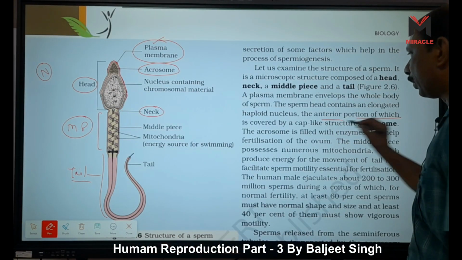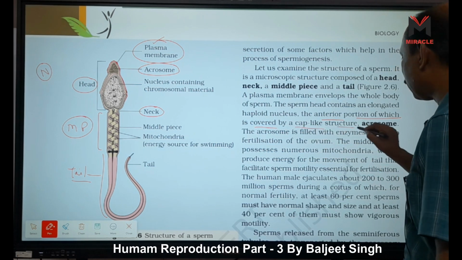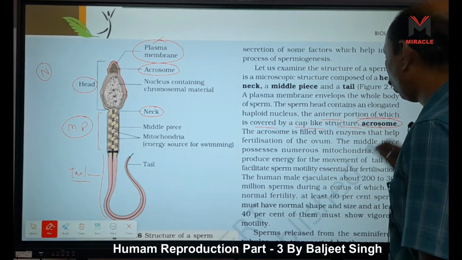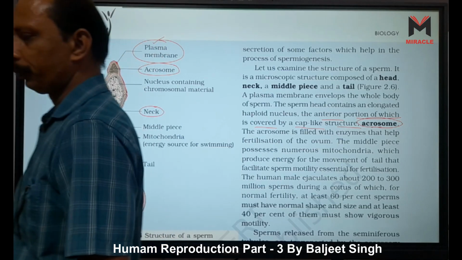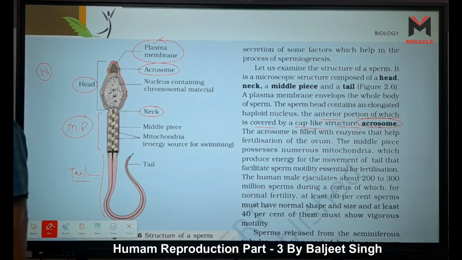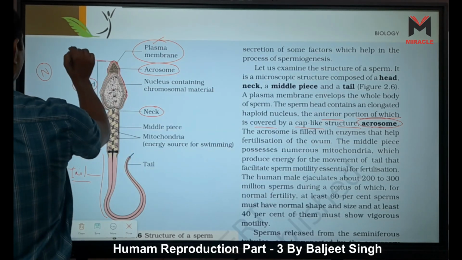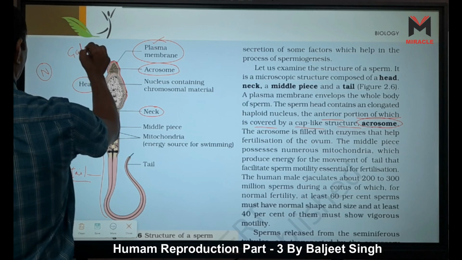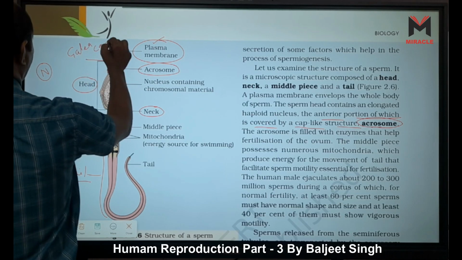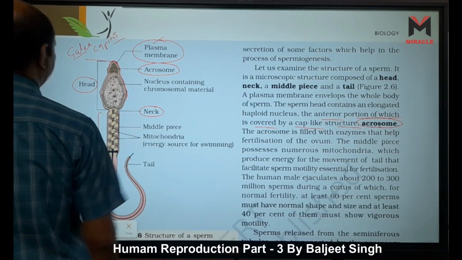The anterior portion of which is covered by a cap-like structure, and this cap-like structure is called the acrosome. Sometimes it is also called galea capitis, right?